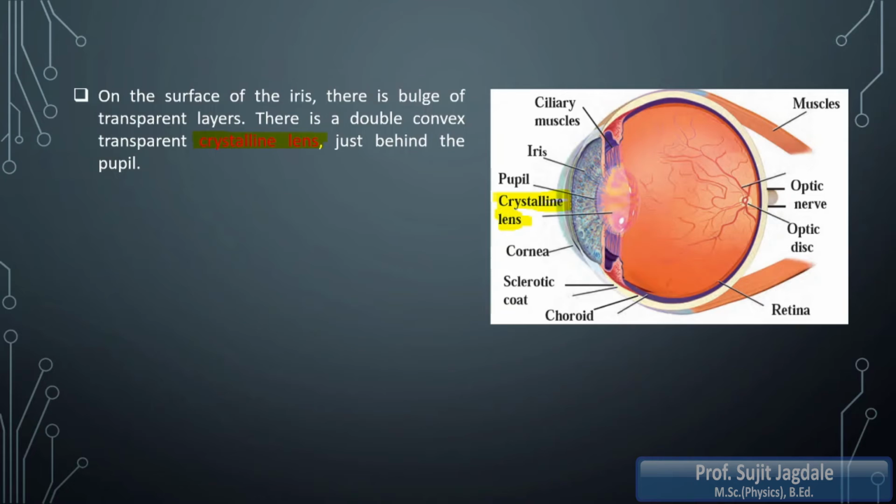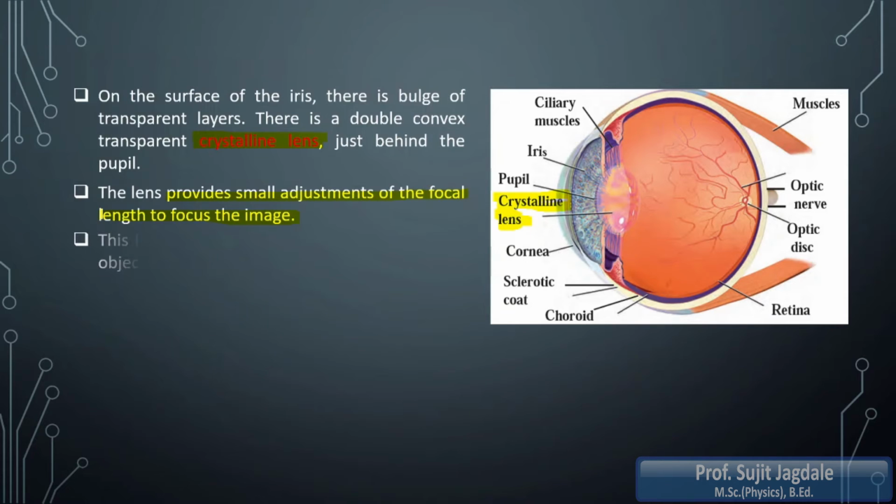The lens provides small adjustment of the focal length to focus the image. That means in order to obtain the proper image of any object, it has the ability to change the focal length. So this is the basic function of the crystalline lens.